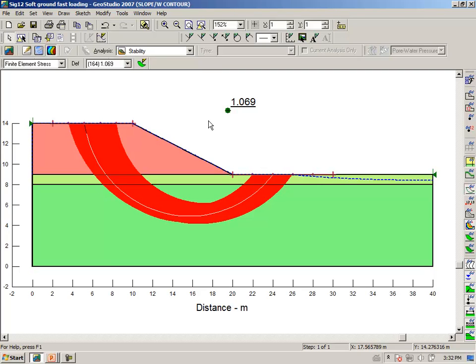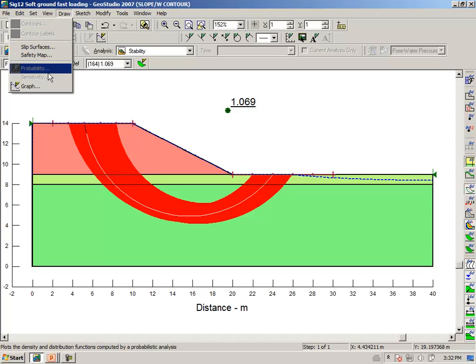At these pore water pressures, the factor of safety is very close to 1, indicating that we would likely get failure, and so we need to place the fill at a slower rate such that we get a higher factor of safety during construction.